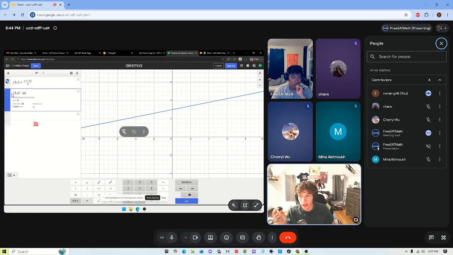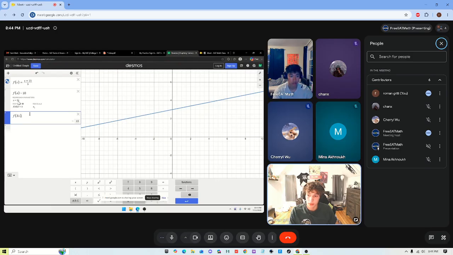So if you do f of a, with a being our x value, tilde 10, then you know your x value is 35. And you can even check this by typing f of 35 back in. So yeah, and then we get a as 10.